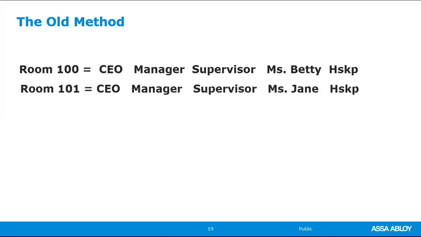Room 101, the CEO, the manager, the supervisor. Oh, Miss Jane has to get in this door. Miss Betty can't get in this door. And housekeeping. Well, if you're just getting a few orders for this, you will see that it's not too bad. But when you're receiving thousands of orders like this, you can see how it can get out of control pretty quickly.